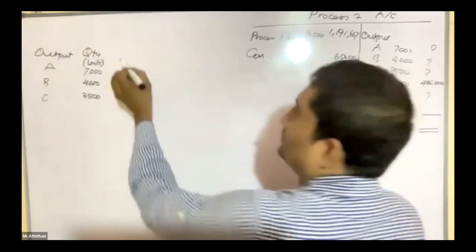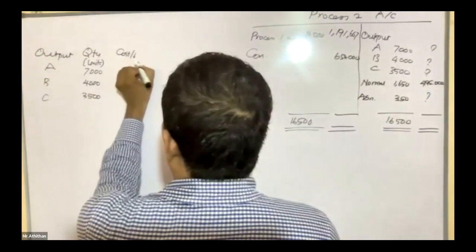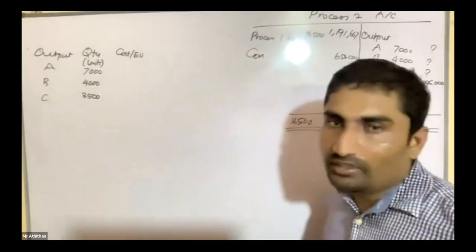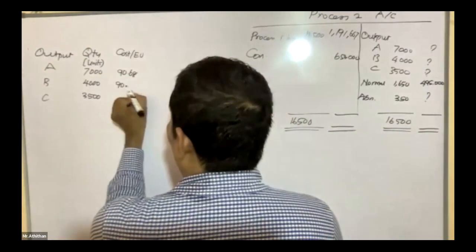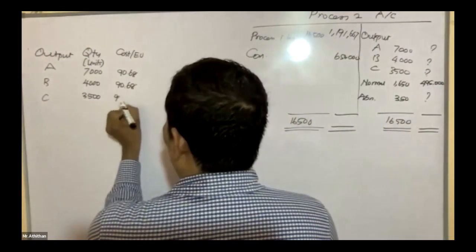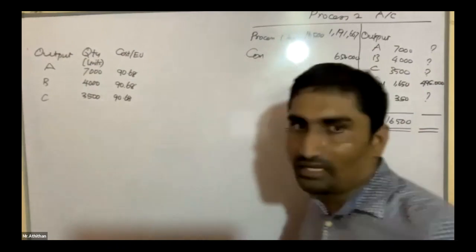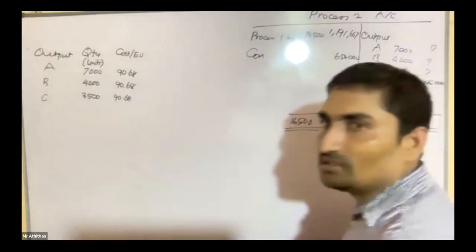We know the cost per unit. Cost per equivalent unit 90.68. Right?